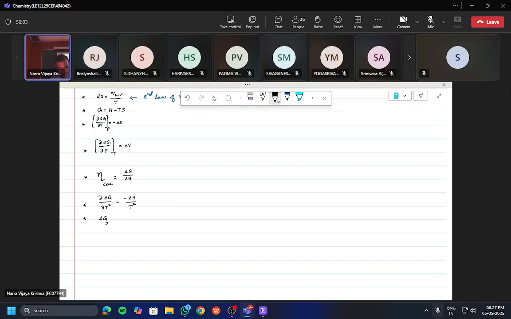Delta G of a system can also be written as minus T delta S total. This is also another equation in thermodynamics. What does delta S total mean? Delta S of system plus delta S of surroundings is delta S total. So delta G of system is minus T delta S total.